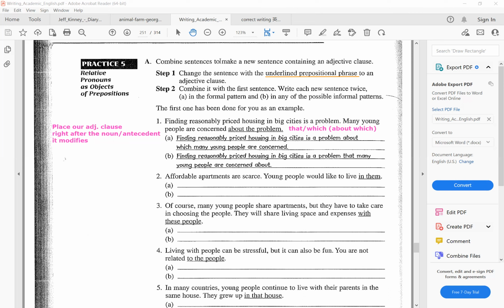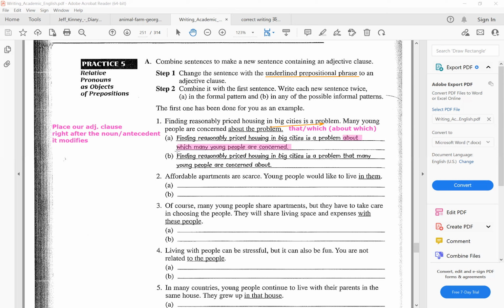So, of course, we have to place it right after the word problem in sentence one. And that is why we can reach the conclusion: finding reasonable price housing in big cities is a problem, my adjective clause, about which many people are concerned.